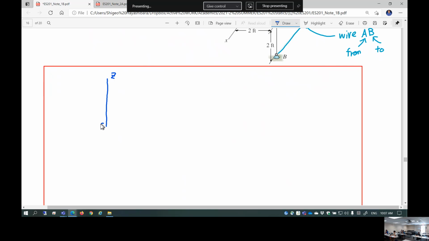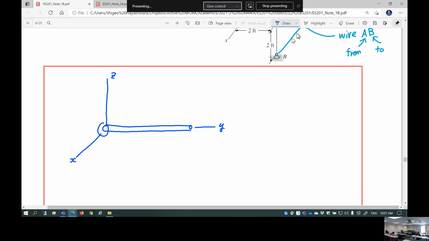And then it looks like this is the pipe. This is Y. This is X. So this is the X, Y, Z coordinate. Usually it's a good idea to establish that coordinate to begin with.